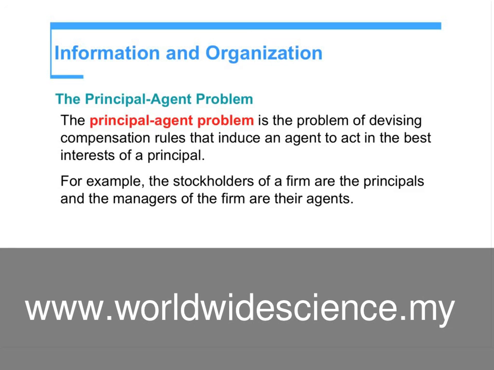So the principal-agent problem is to set up those rules to induce and encourage the agents to act in the best interest of the principals, which are the stockholders. Not all the time would agents be acting in the best interest of the principals. So that is a problem.